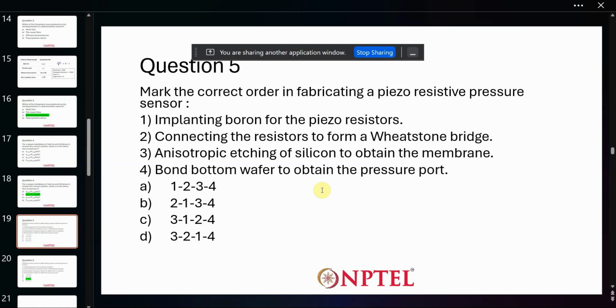Then you get the sensing element by boron implantation. Then, to get the output values, you connect the resistor to the Wheatstone bridge, and in the last step you bond the bottom wafer and obtain the pressure port. Then you can measure the deformation accordingly. That is why the answer is 3124.